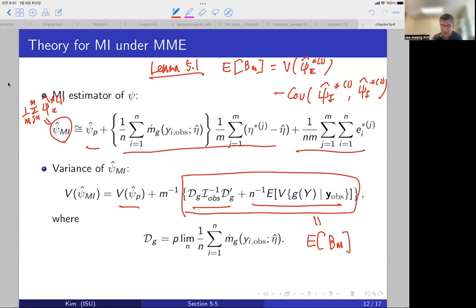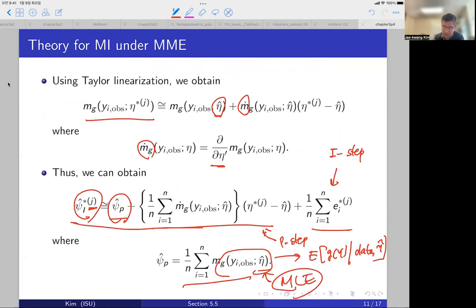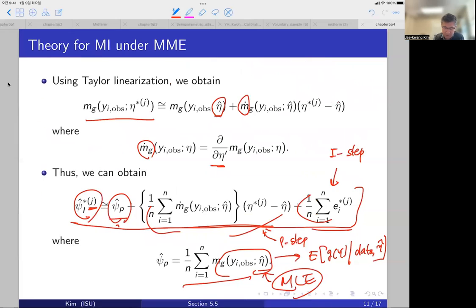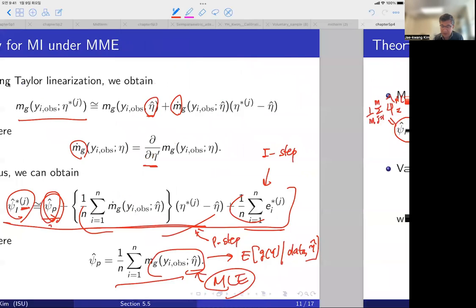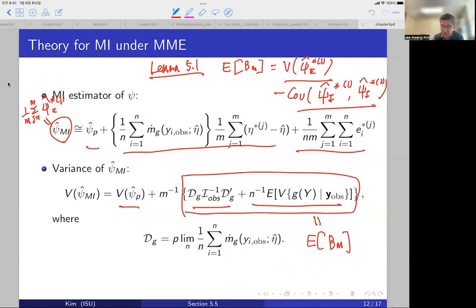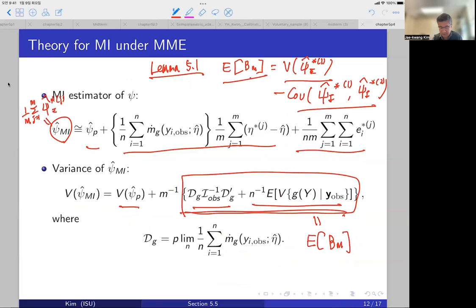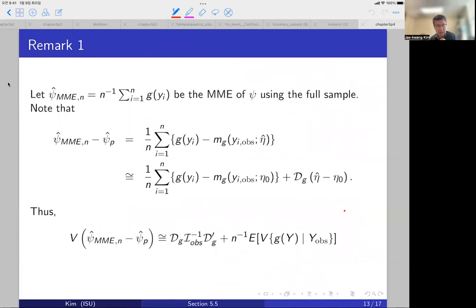If you look at the formula, you have three terms and the variance minus the covariance. In the covariance only the first component is in common, the other two are independent. So the expectation of B_M is essentially the variance of the second and third terms. That is Lemma 5.1.